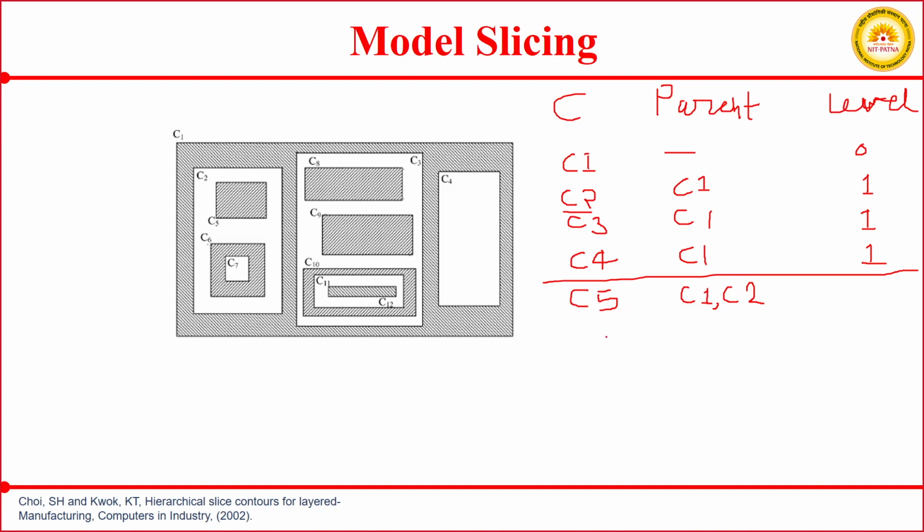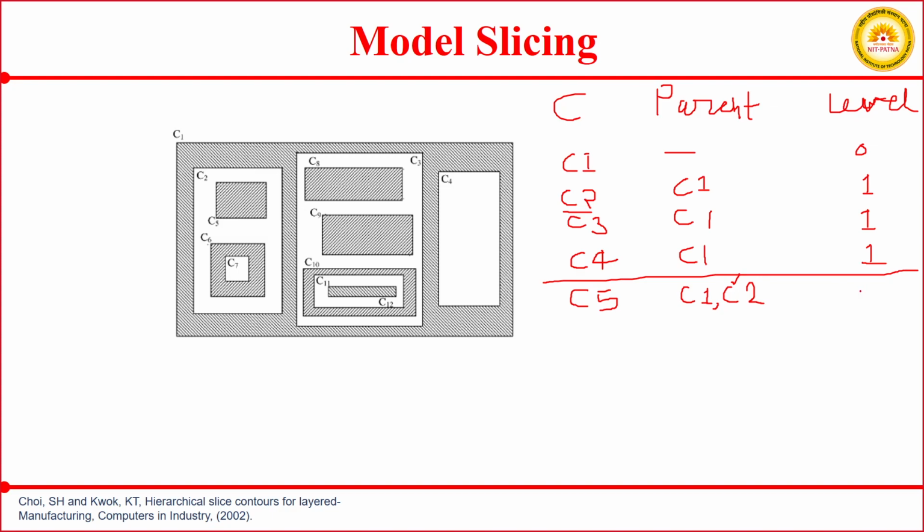So for C5, the parents are C1 and C2. And what will be the level? Because the parent is already having a level, how much? The parent has level 1. Okay, 0 and 1.